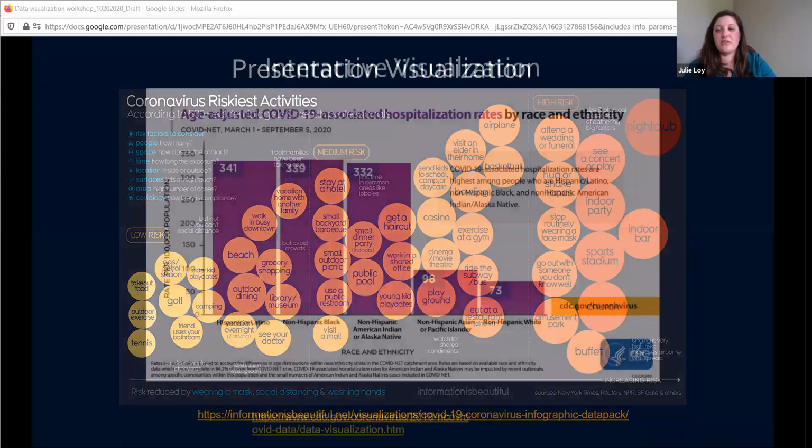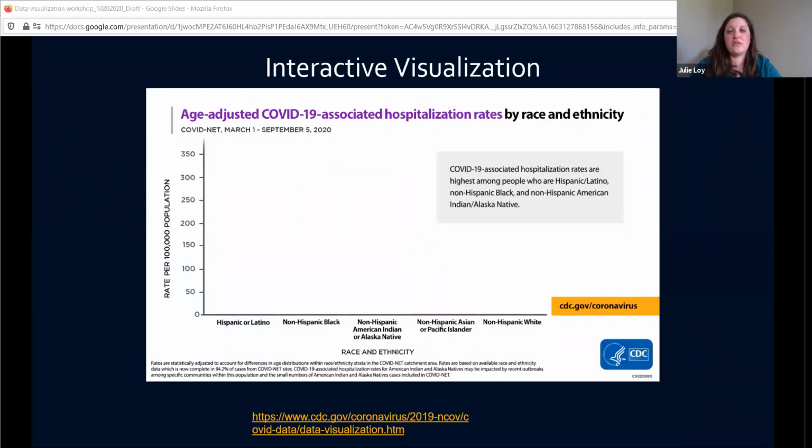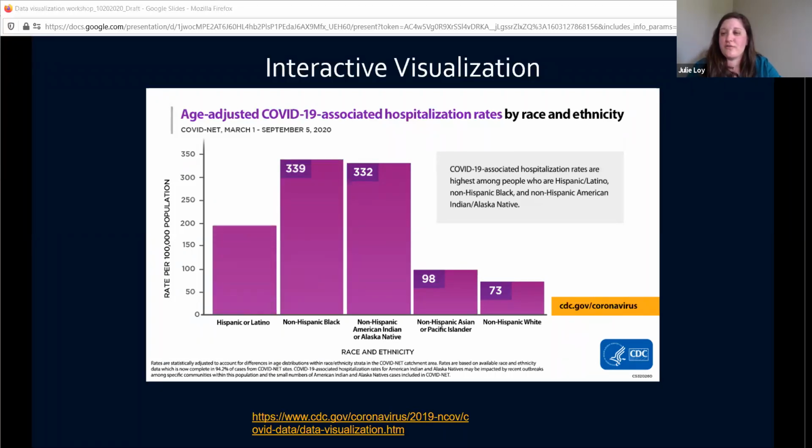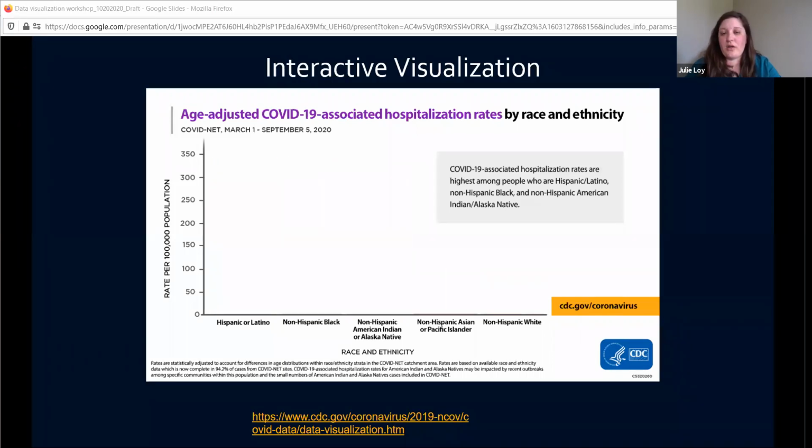Next slide. Okay, so there it pops up right there. So interactive visualization, this is actually coming from the Center for Disease Control, their dashboard for data visualizations that they create, and it's going to keep on going.